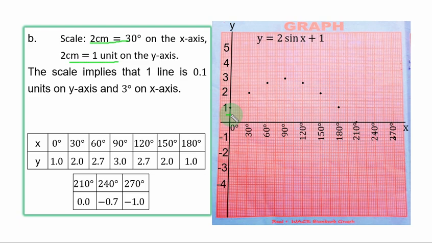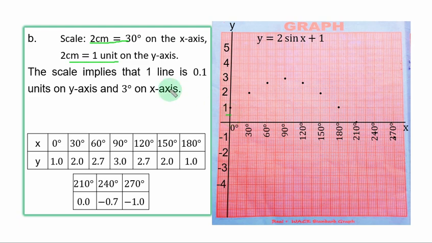So the 5 lines are 1 cm. But because we have 2 cm, you combine 2 boxes and give it 2 cm. You give it 1 unit on the y-axis and 30 degrees on the x-axis.